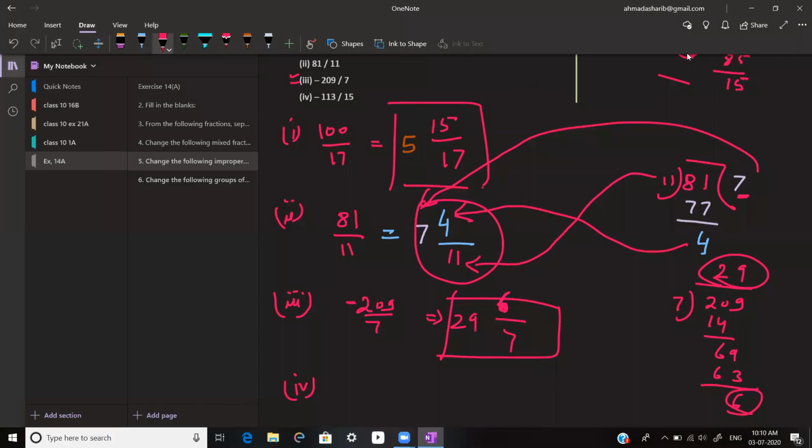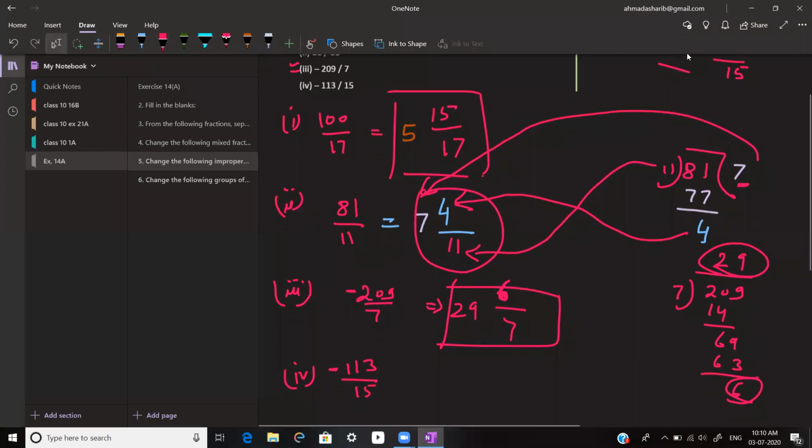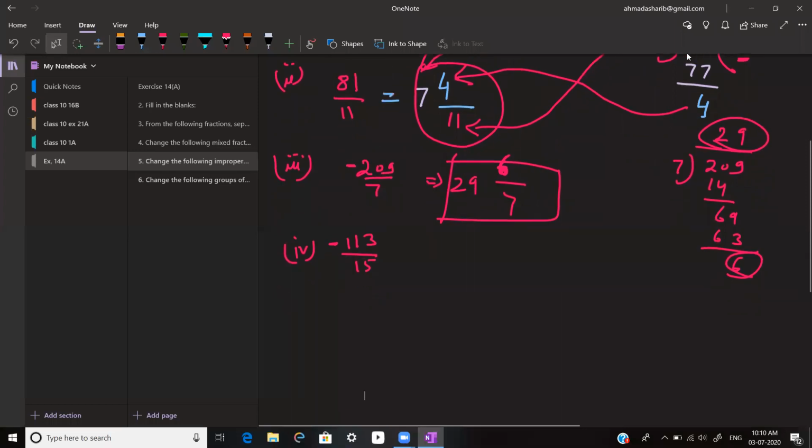Fourth part is minus 113 upon 15. Okay, so minus 113 upon 15. Now, can you do this and tell me the answer? Just divide 113 by 15. How many times will you take the table of 15? 15 sevens are 105.